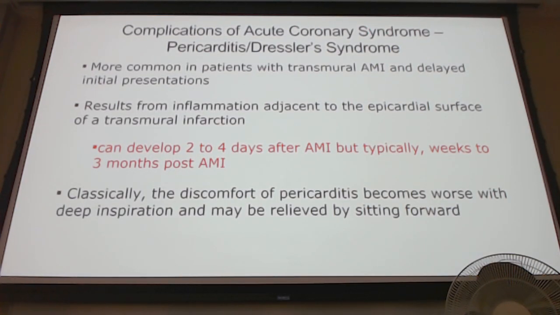All right, pericarditis. So Dressler syndrome is basically pericarditis following an acute coronary syndrome. You have some sort of inflammation wherever that infarction was or on the epicardial surface, and then they present with signs of inflammation, usually a couple days afterwards.